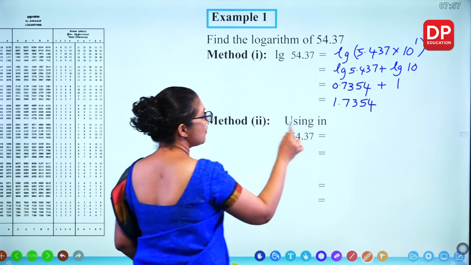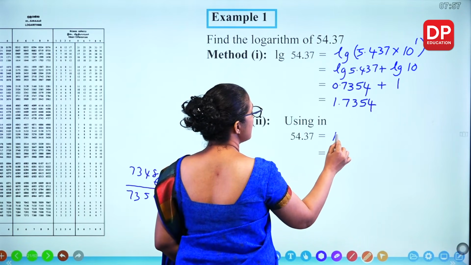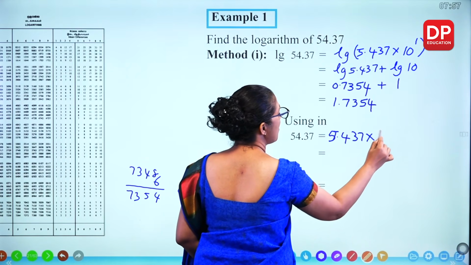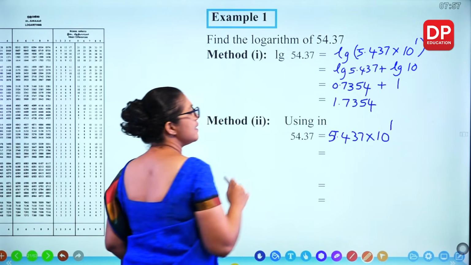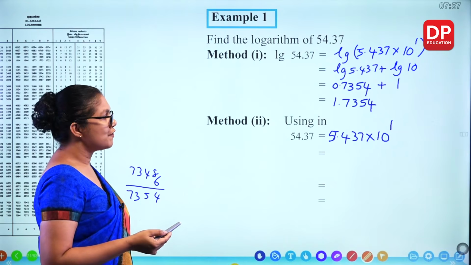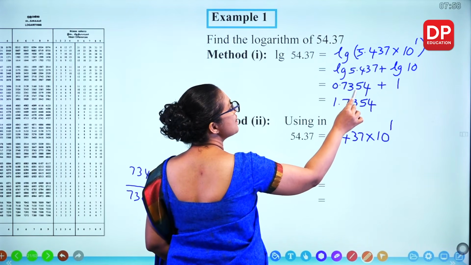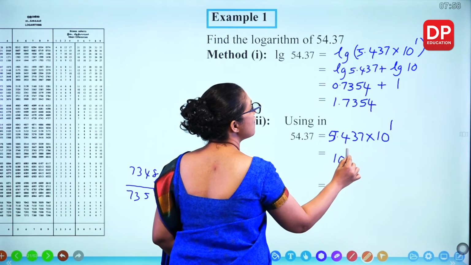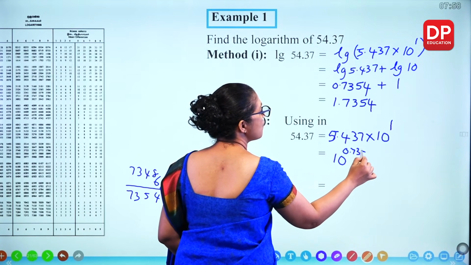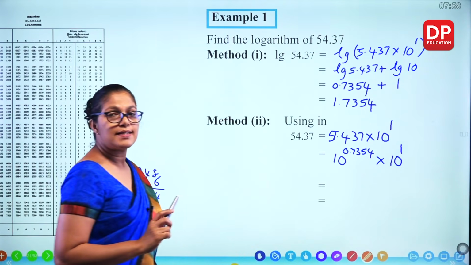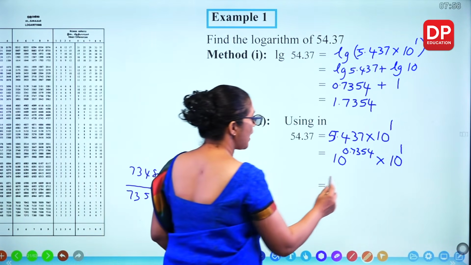We'll try to use index notation. How can we write down this one? This is 5.437 times 10 to the power 1. Then refer the table 5437. You get the same answer, 0.7354. That means 10 to the power 0.7354 times 10 to the power 1. Same base, different powers multiplication, you can add the powers.